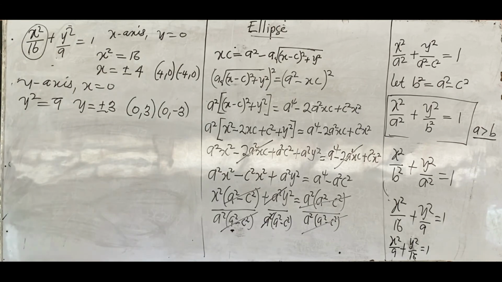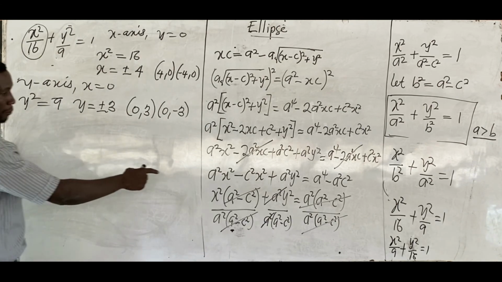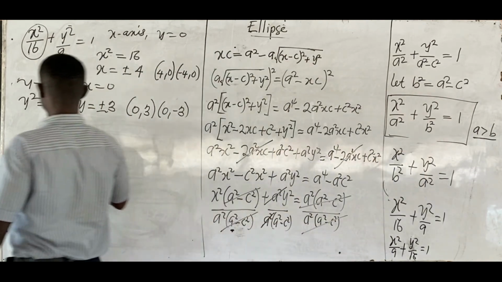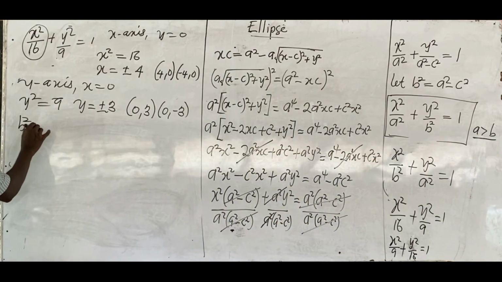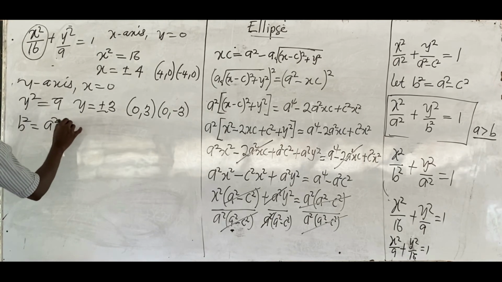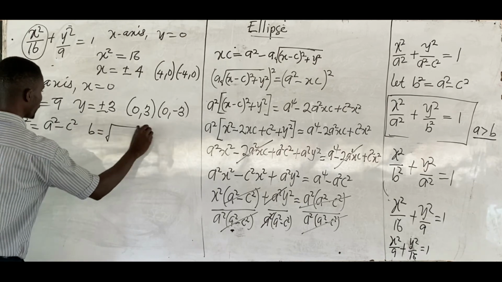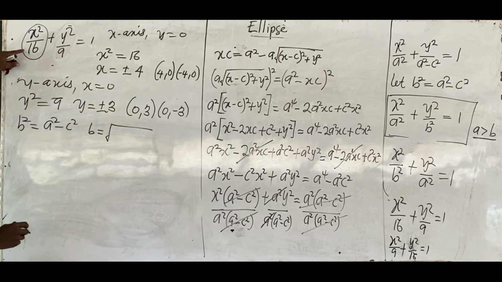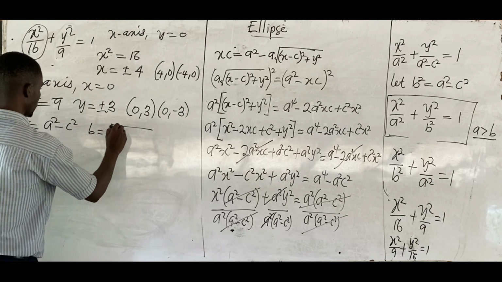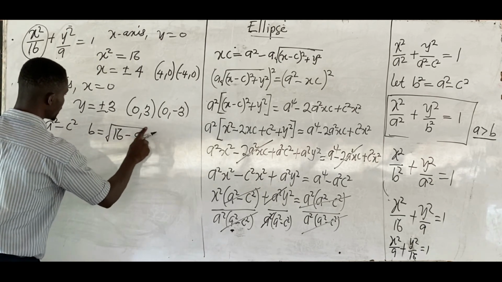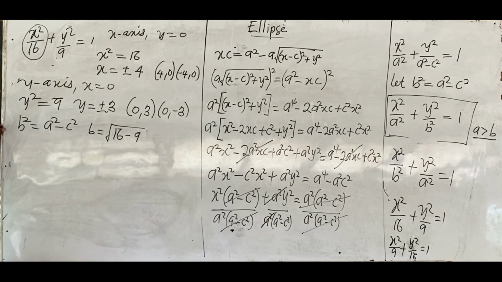Now, how do you get your foci? From what I derived here, b squared is equal to a squared minus c squared. So c is equal to the square root of a squared minus b squared, which is 16 minus 9. 16 minus 9 gives us 7, because 9 plus 7 gives us 16.